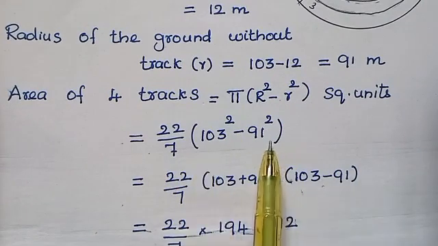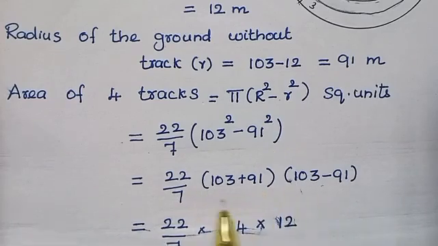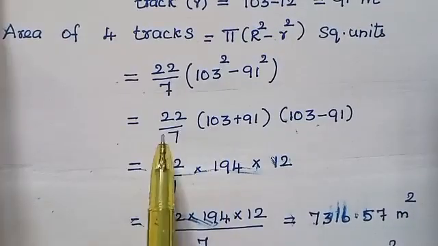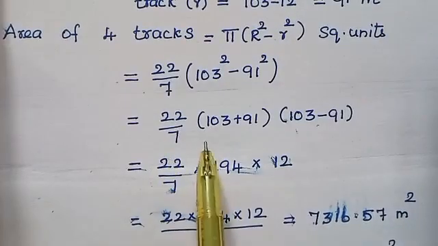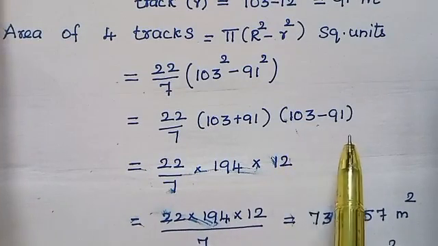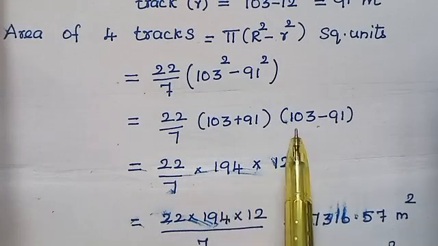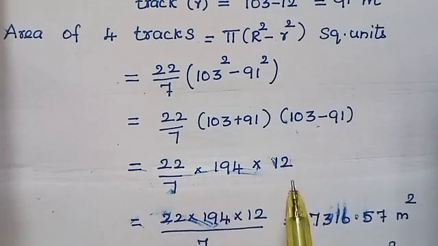We can write this in the form of a plus b into a minus b. That means add the numbers together and subtract it. So 22 by 7 into 103 plus 91 into 103 minus 91. See, 103 plus 91 is 194. 103 minus 91 is 12. Here we can't cancel any number.